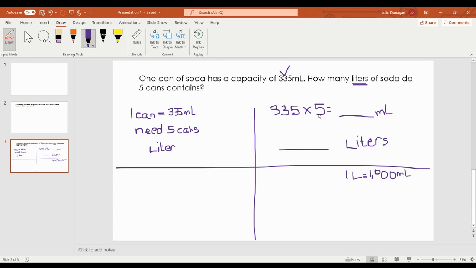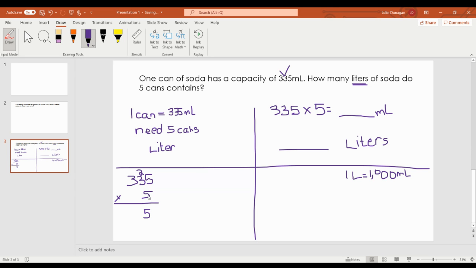Now we can solve. So I like to solve over here. And we're going to write 335 times 5. Okay. 5 times 5 is 25. Write down our 5, regroup the 2.